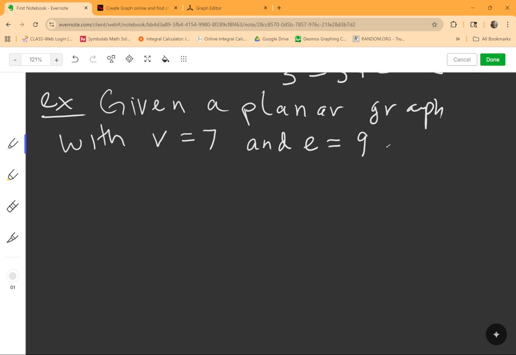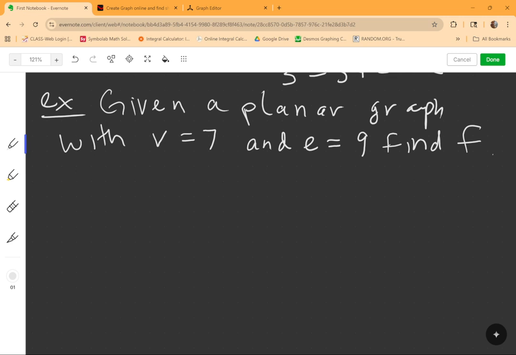Find F. All right, so again, I know it's planar, and we'll assume that it's connected here.